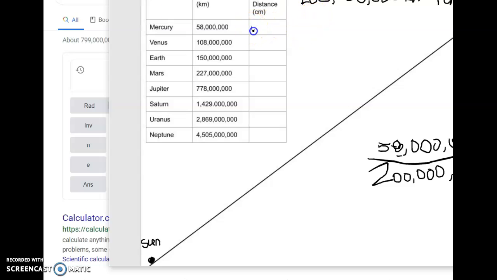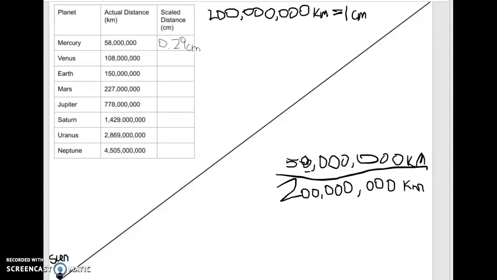So our distance is going to be 0.29, so about 0.3 of a centimeter. So if I've got the sun, I'm going to place my ruler right here, and then I am going to measure 0.3, or the 3 little millimeter tick marks.